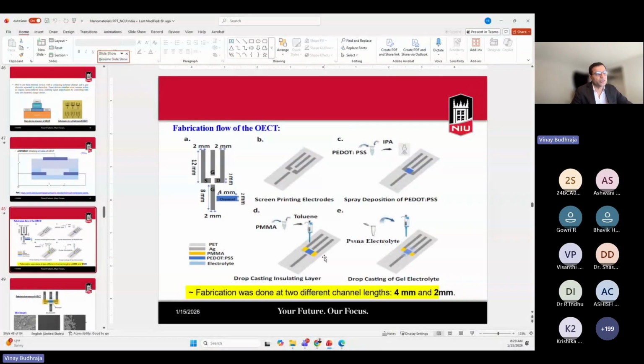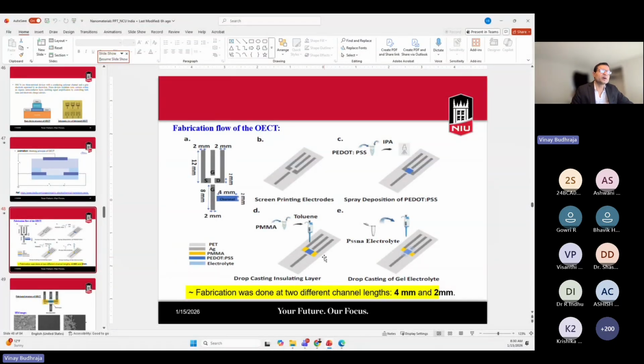These devices are wet devices, and that is the big advantage of OECT in many different sensing applications, because if you want to use any device for a cancer biomarker, you need a very fast reaction.